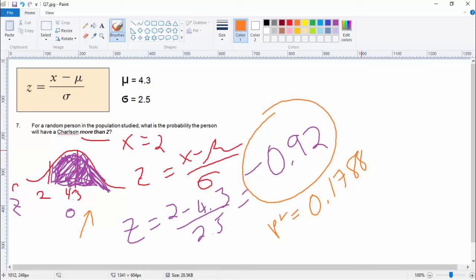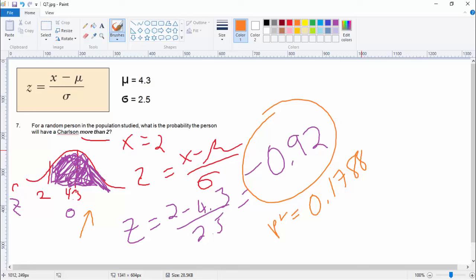Okay, now that we think about it, what does that mean? Well, remember back in the empirical rule where I asked you a bunch of questions that were relatively easy compared to this. I'd say, okay, what percent of the data is between such and such and such and such? And then I'd say, what is the probability somebody's between that? And I said, by the way, percent and probability mean the same thing. Well, this means the same thing.